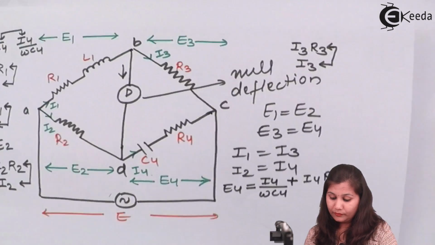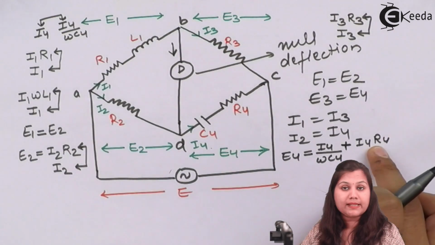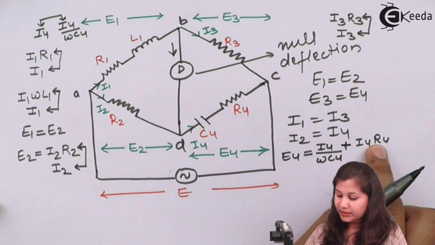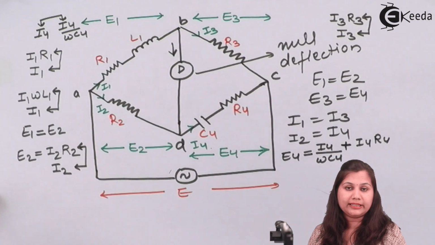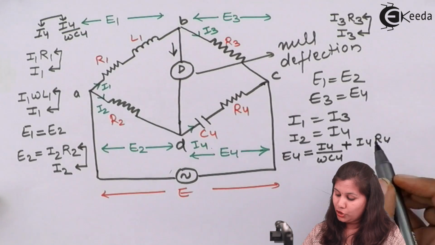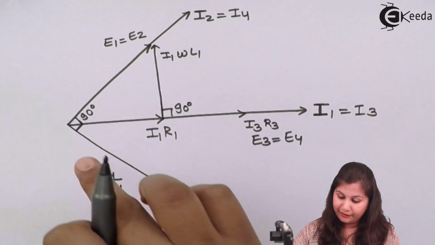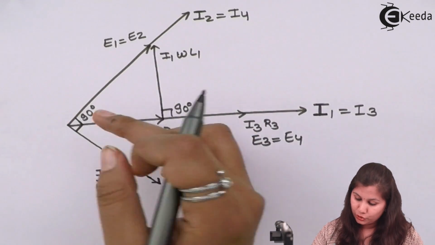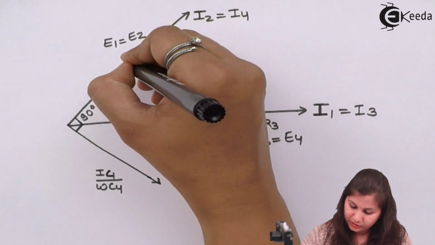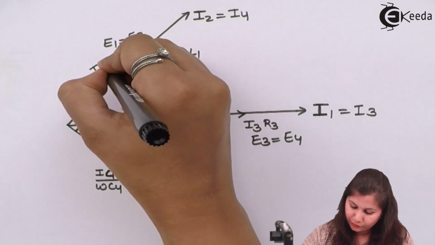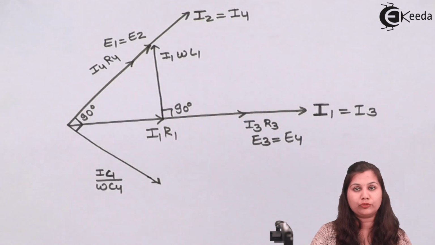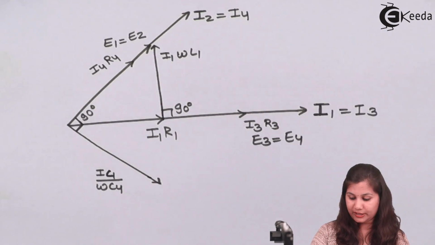Now talking about the resistance, in the case of a resistance, the voltage and current are in the same phase with each other. So I4 R4 and I4 will be in the same phase. I4 is drawn on this line, so here we have the voltage drop I4 R4 across the resistance.